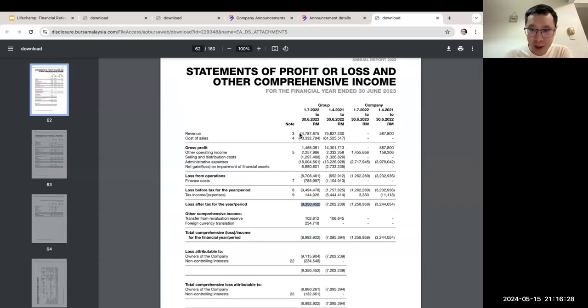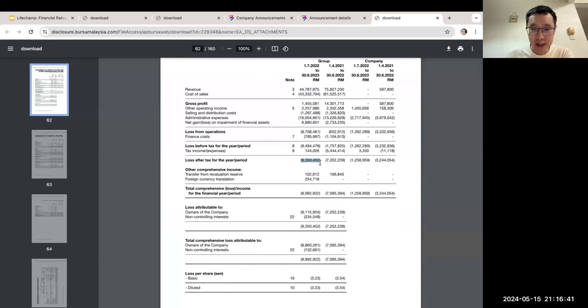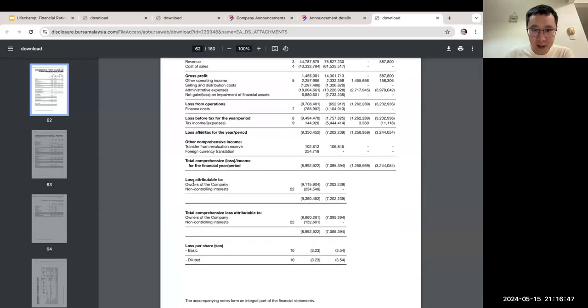So you take this, divide by this, your net profit margin will be negative. That's number one, right? And of course, since you already have a loss, you have a negative in terms of profitability, loss after tax. Now you take the loss attributable out of this loss, other people's share out of this loss, your share is actually this 9.1 million.